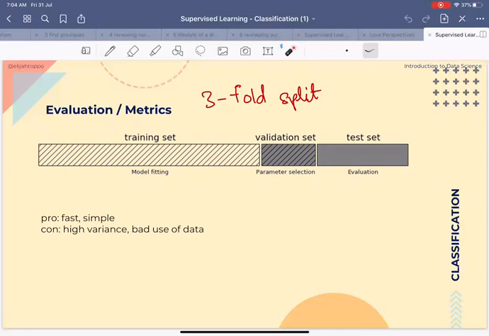Training, as he said, for KNN does not make a lot of sense. But as we move to other algorithms, you will know what we are training or what we are trying to fit or learn from the training set. Validation set, as he rightly pointed out, for KNN is choosing the value of K. Now, remember this part, or at least pay special attention to what the validation set is doing.